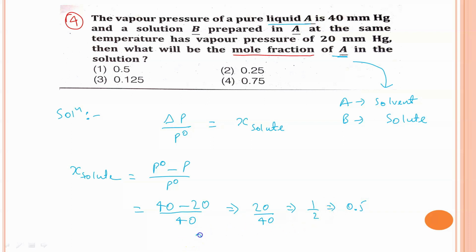So now the mole fraction of solvent, that is A, will be equal to 1 minus 0.5, which will be also equal to 0.5. Therefore, from the given options, option first is correct. Now let's move to the next question.